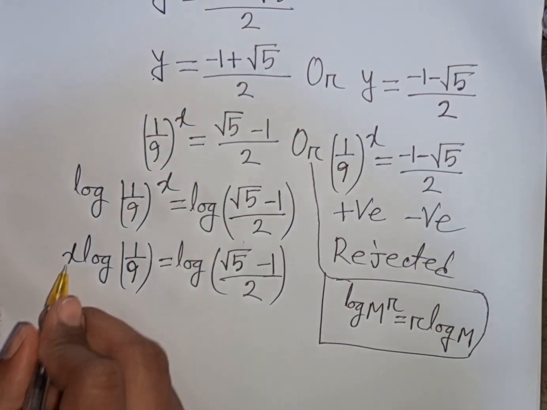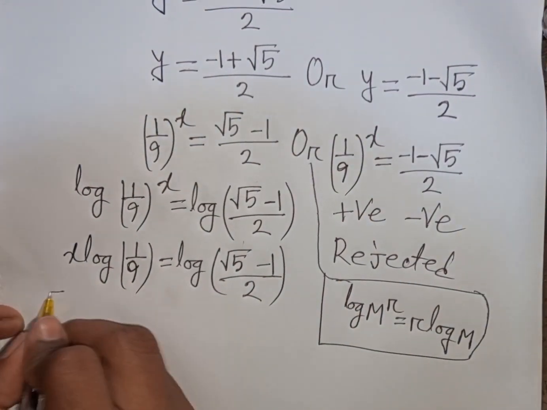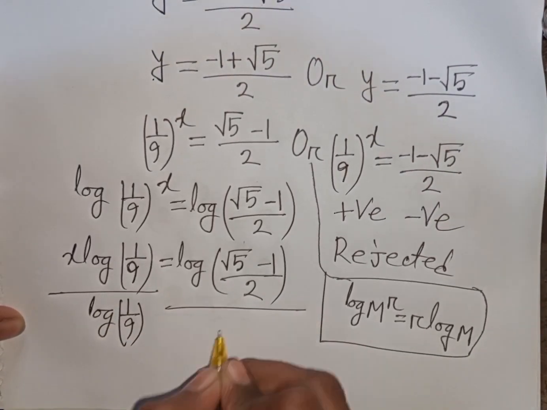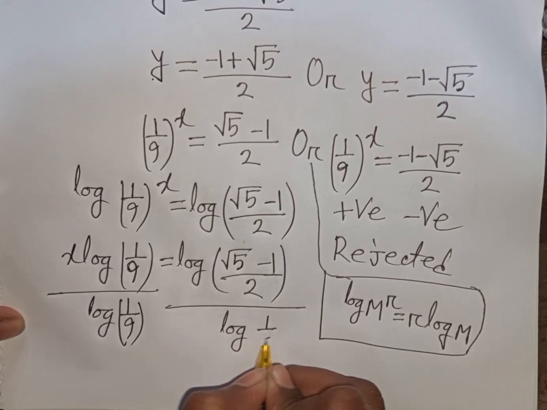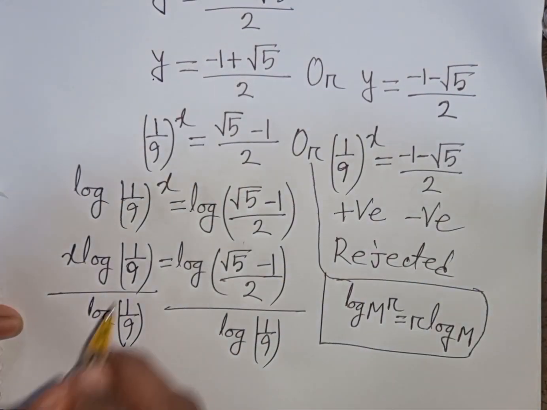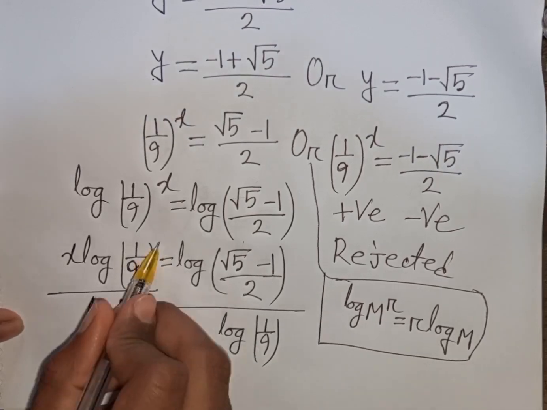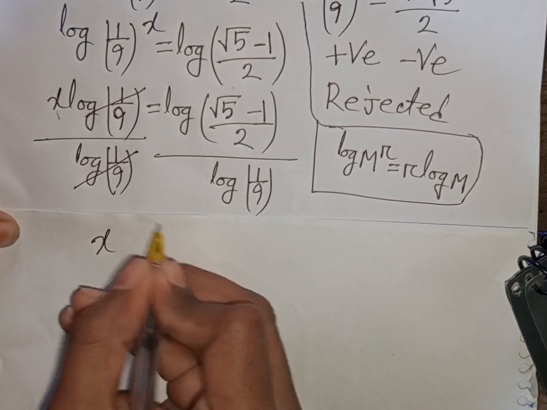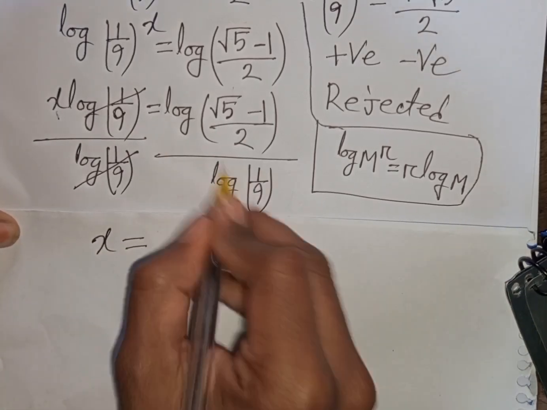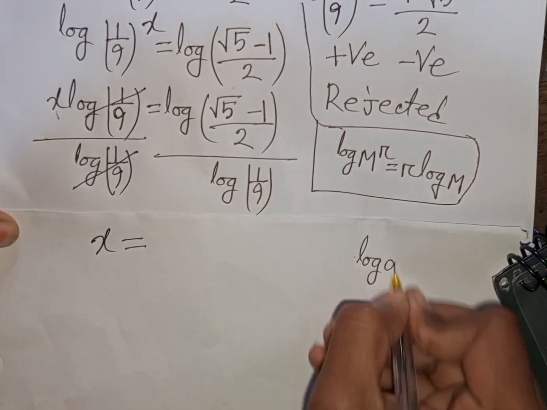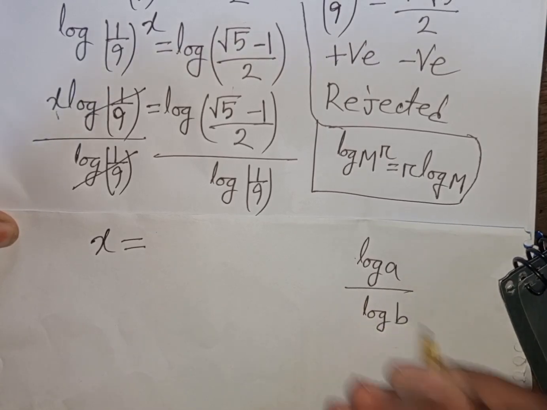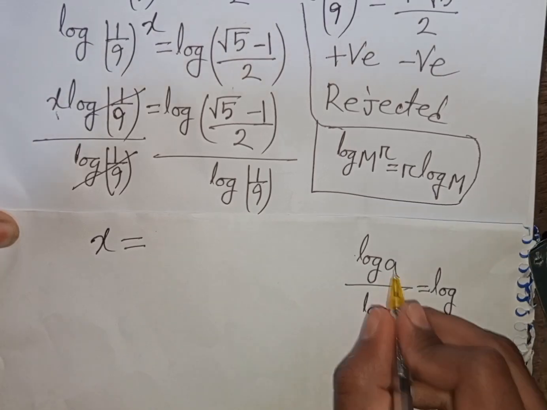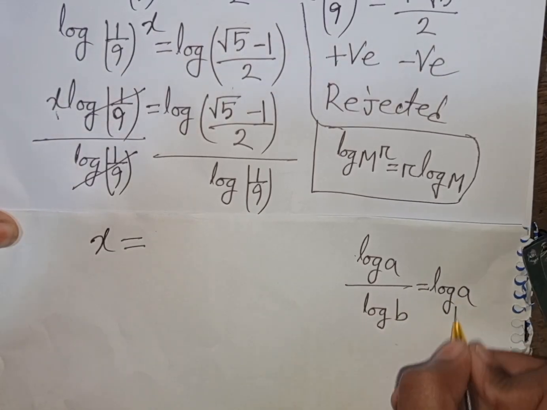Now we need the value of x, so divide by log of 1/9 on both sides. Now we see this log of 1/9 will be cancelled. So here x will be equal to, here you can apply this formula, log a divided by log b is equal to log a base b.